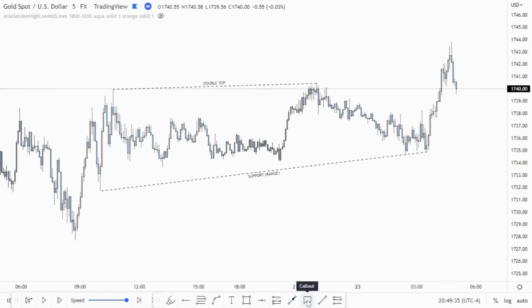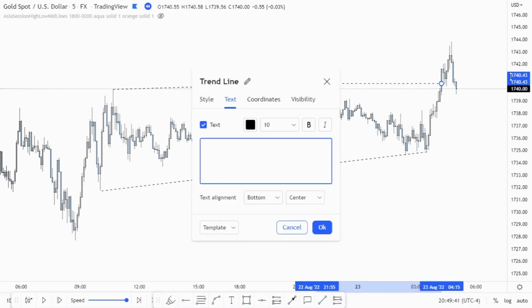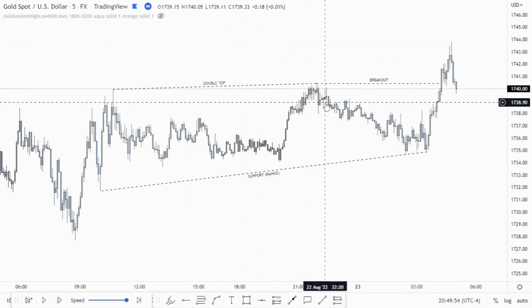And here was the breakout. So now I have a trap. I have identified a trap, all right?